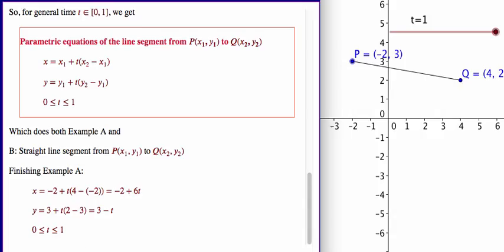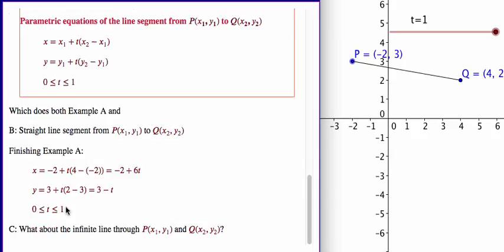So let's move to example C, which is, what about the infinite line? Not just the line segment that starts at this point and ends at that point, but the infinite line. That means we're going all the way from the left, and it'll keep going all the way through on the right.